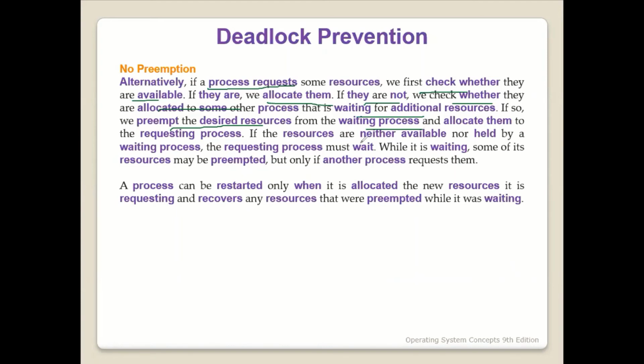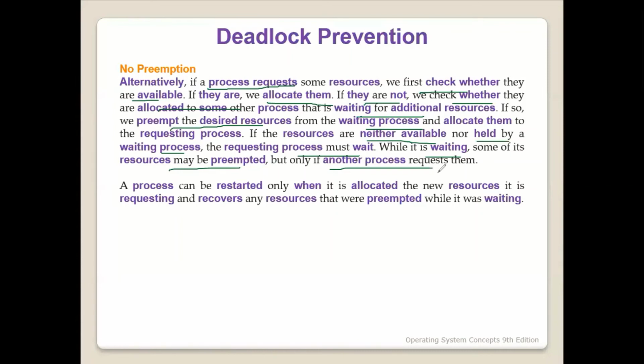If the resources are neither available nor held by some other waiting process, then the requesting process has to wait, of course. While it is waiting, some of its resources can be preempted so that other processes can request and use them.